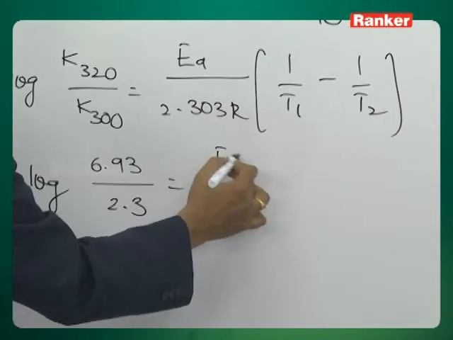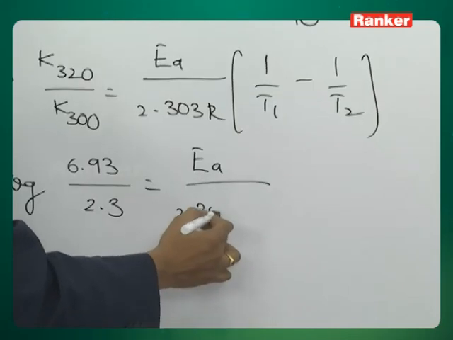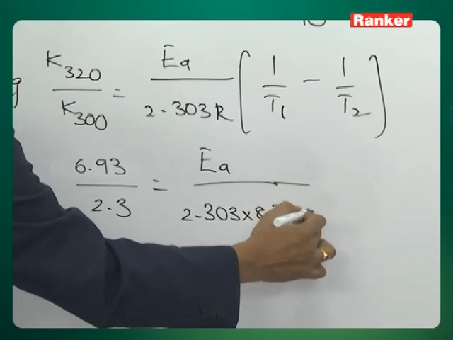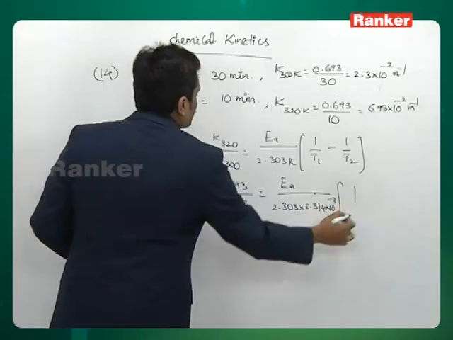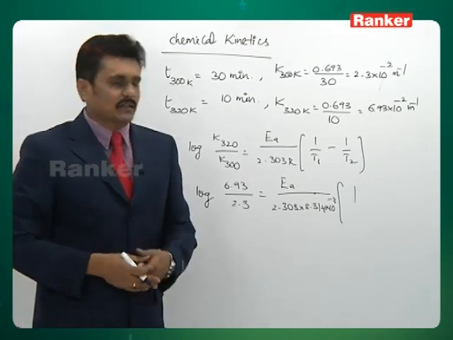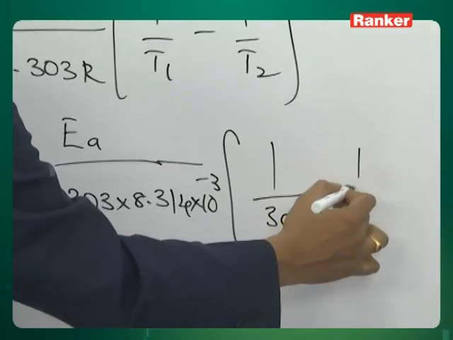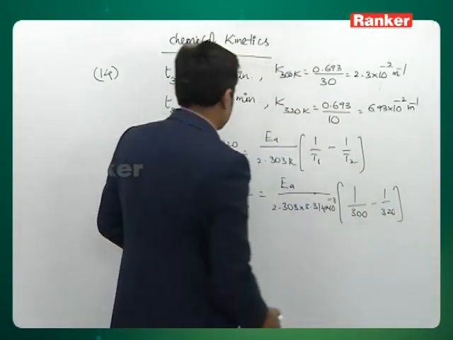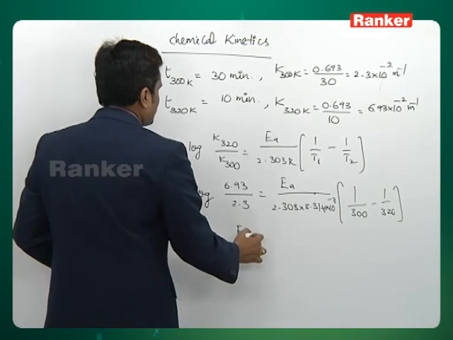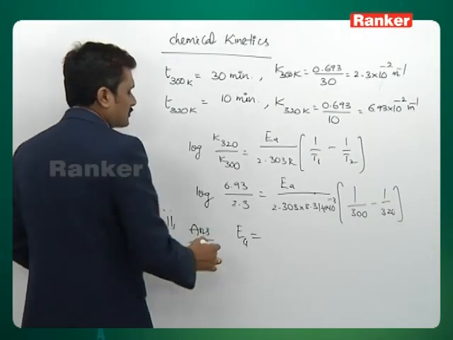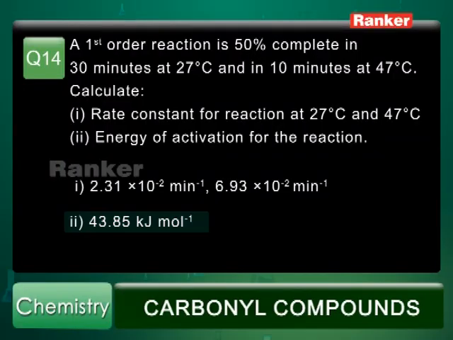Suppose I am willing to find this energy of activation in kilojoule, I will be substituting the R value as 8.3 into 10 power minus 3. Now since we have the temperature values, the initial temperature is 300 and the final one is 320. After simplification, the energy of activation for part 2 is obtained as 43.85 kilojoule per mole.